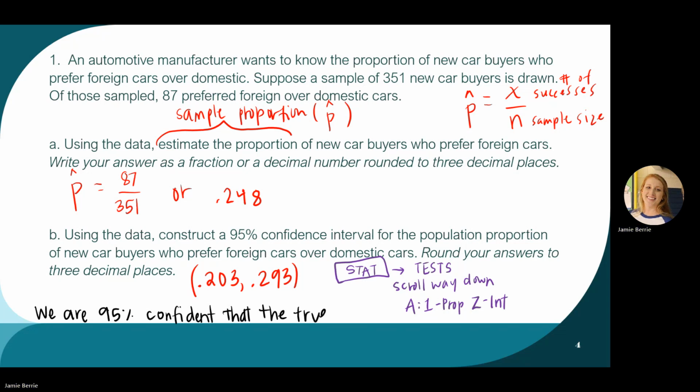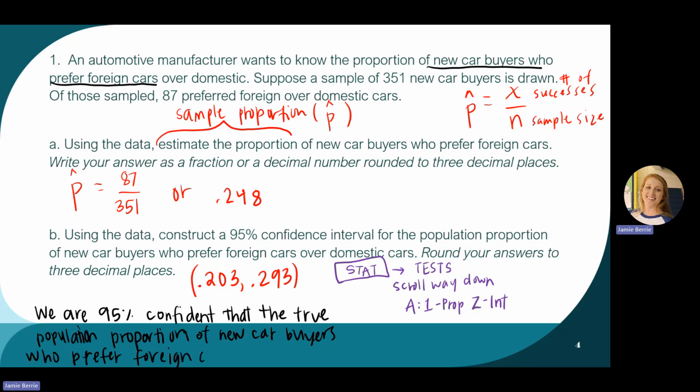We are 95% confident that the true population proportion of new car buyers who prefer foreign cars over domestic is between, that one had a long variable description.